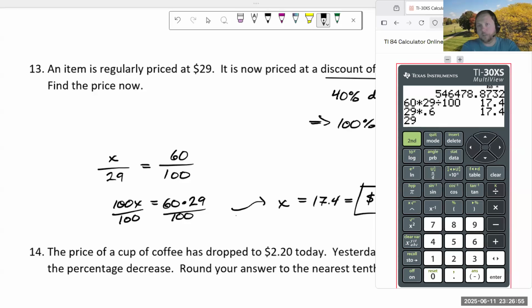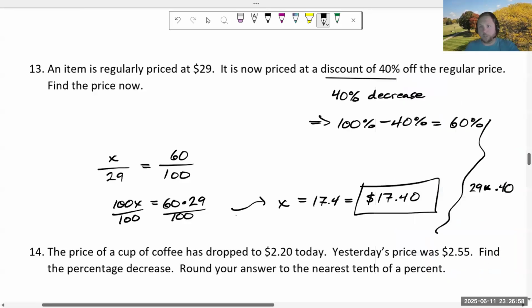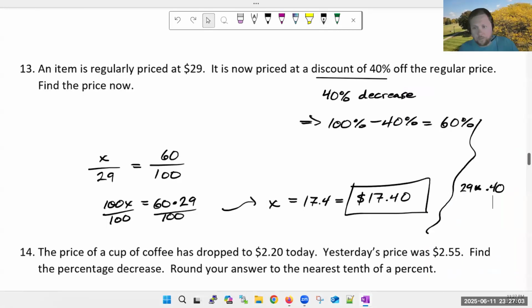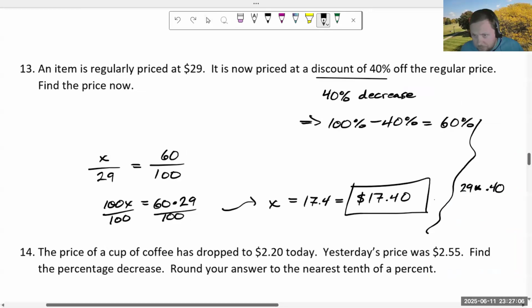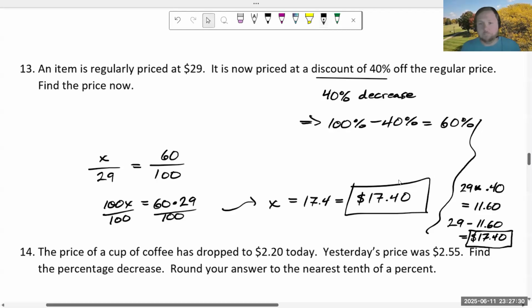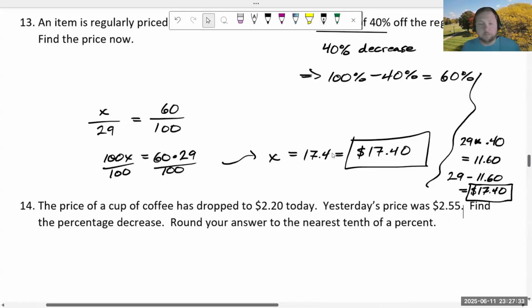So 29 times 0.4, you get $11.60, and then you could take 29 minus that, and you also get the $17.40. I don't care how you do it, as long as you know what you're doing. So you can do it either way.